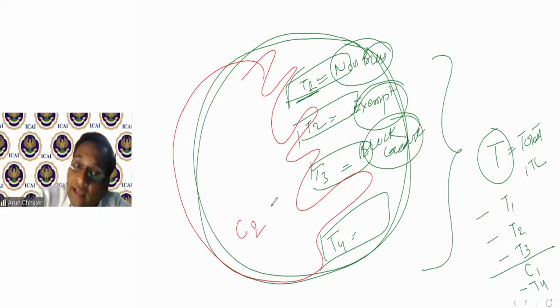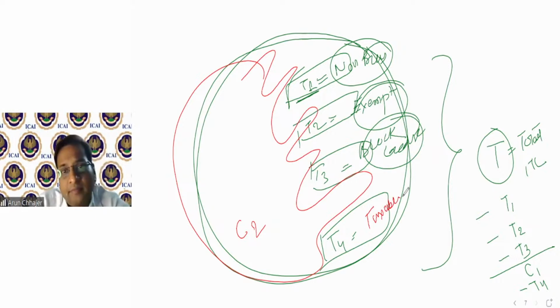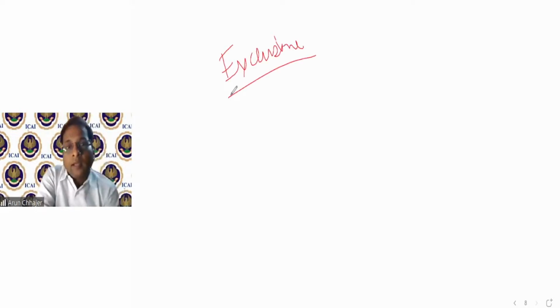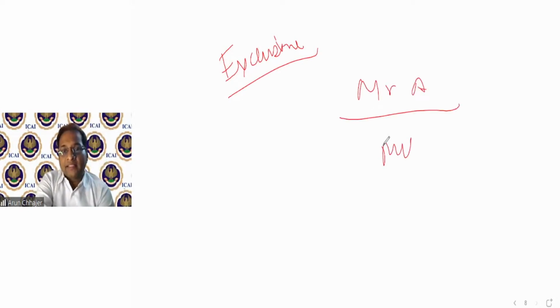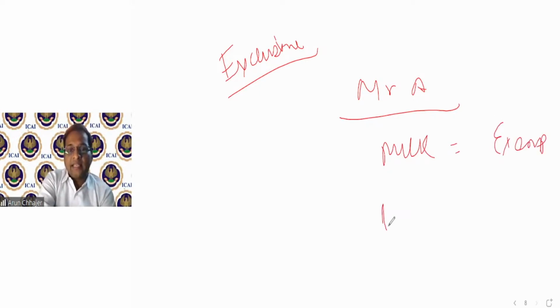What is T4? ITC exclusively linked to the taxable supply. What is the meaning of exclusive? Let me explain with an example. Say Mr. A is providing milk supply, which is exempted in GST, and let's say he also has some kirana soap, which is taxable.